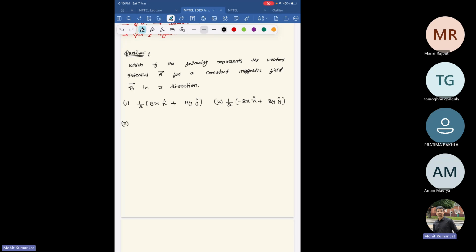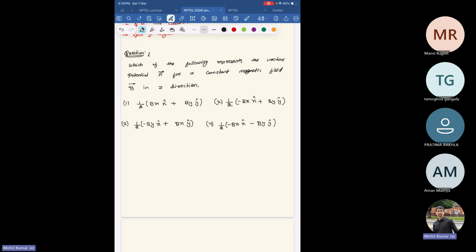Third option is 1 by 2 (minus bx minus by x cap plus bx y cap). And the fourth option is 1 by 2 (minus bx x cap minus by y cap). These are the options.